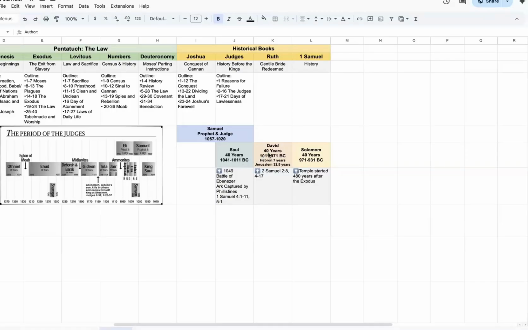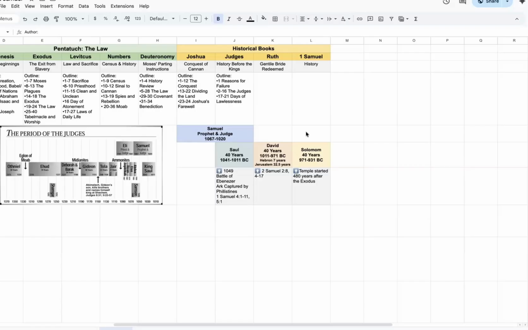And David is going to be another 40 years, and then Solomon, his son, another. And Samuel we see is prophet and judge to Saul. We're going to see who is prophet to David, because Samuel had died in 1 Samuel.